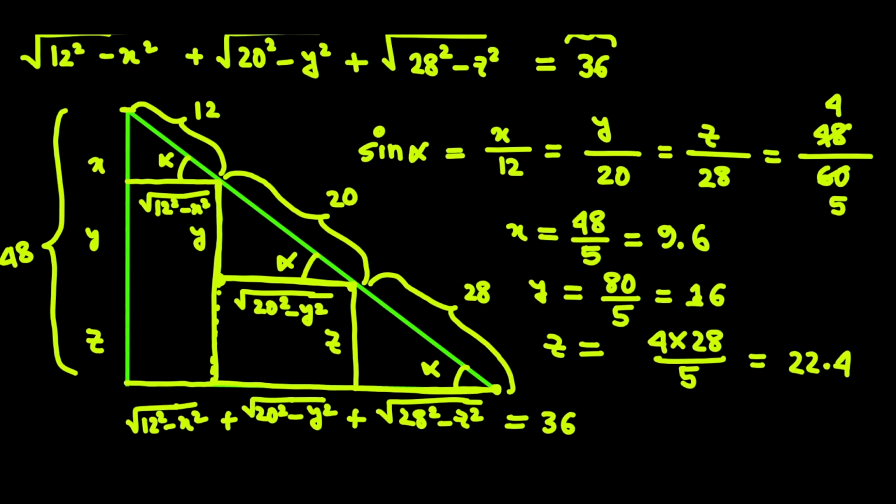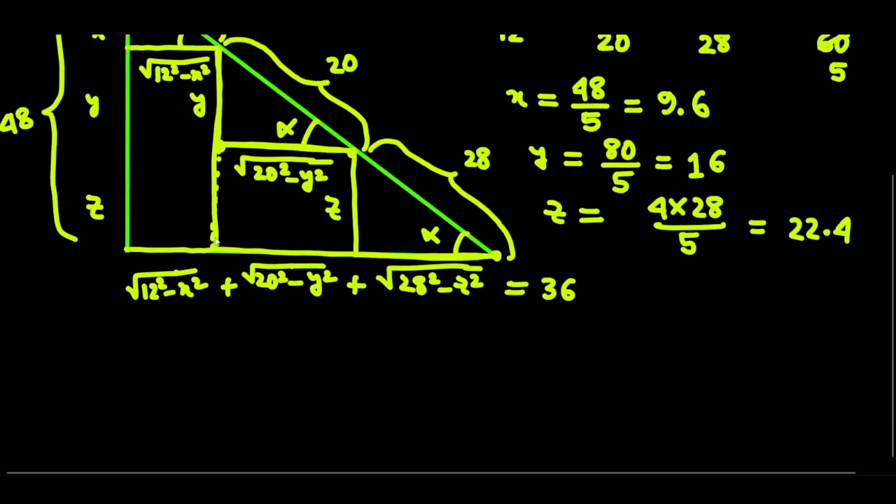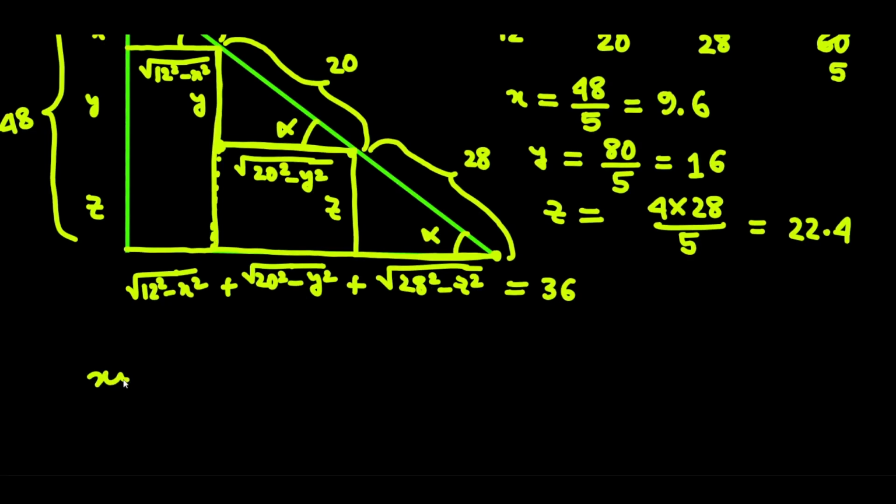So now we have the values of x and y and z. So the next part is quite easy. I'll just have to multiply them, then take the square root. I can do that using a calculator. Okay, I got 64 root 21 divided by 5, and I can write 64 as 2 to the power 6.